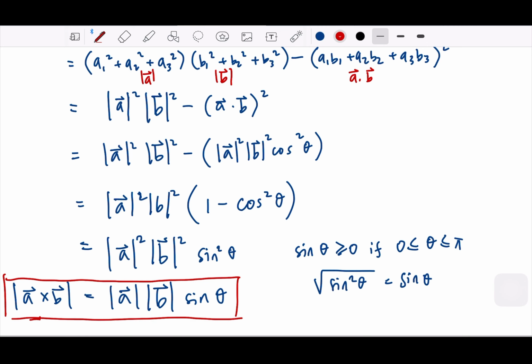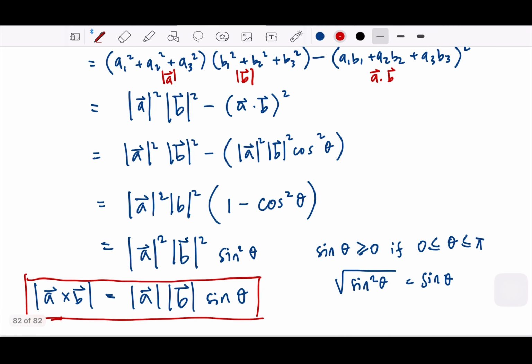So the sine does come from the dot product, okay? The cosine is from the geometric property, but the sine is actually from the dot product. So it's not from the geometric perspective.